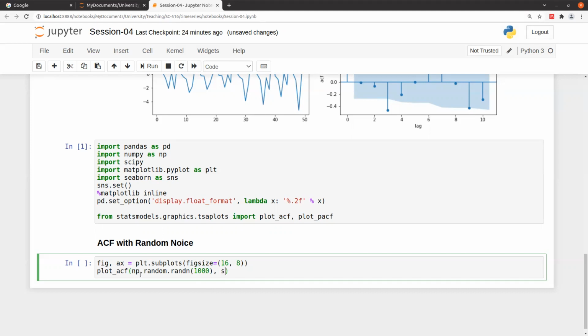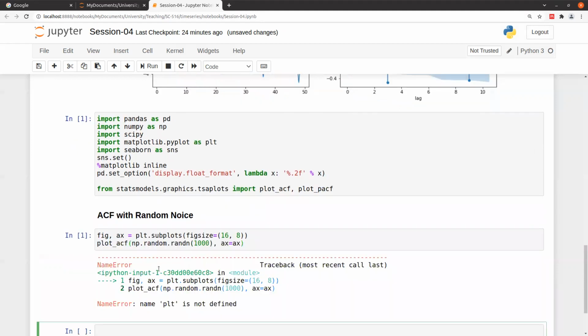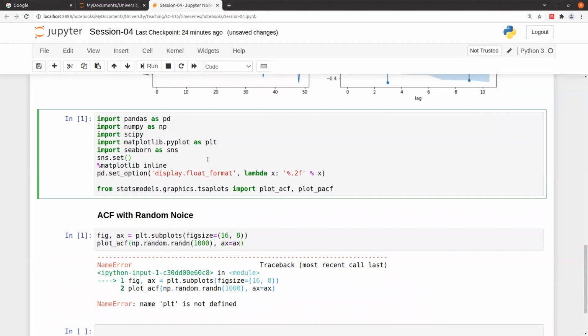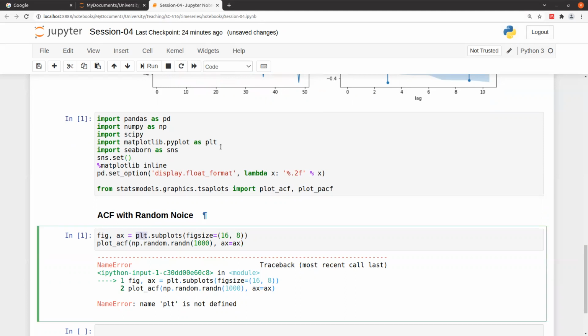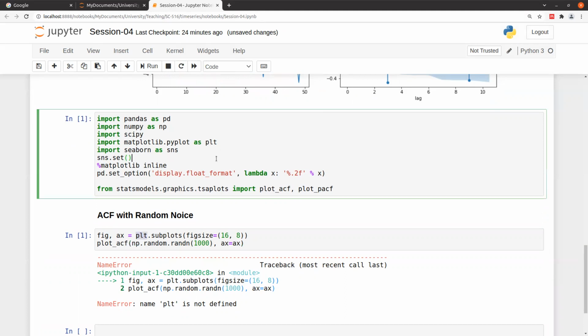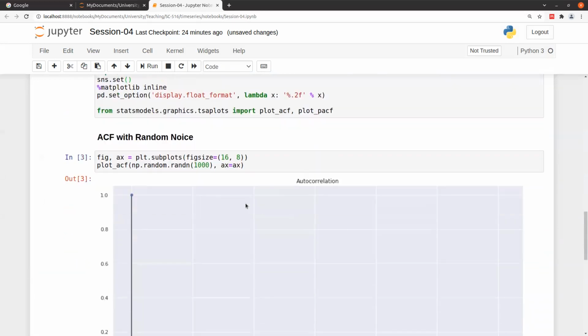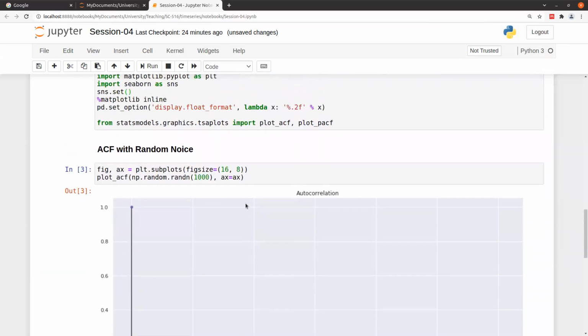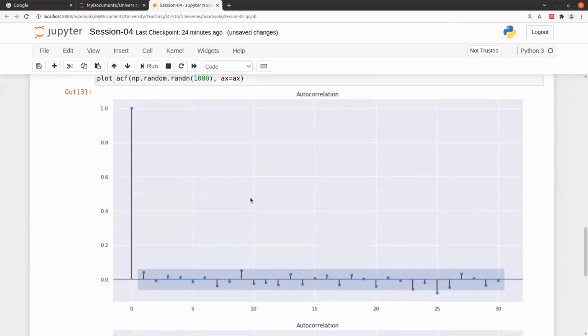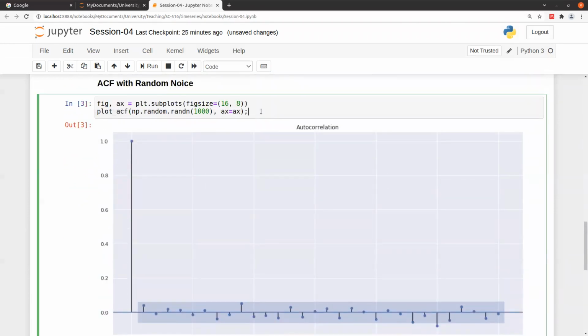Then I set ax as our defined ax. Let's see. plt is not defined. Did I import plt? Let me check again. Right, some libraries were not imported. Anyhow, give me one second.